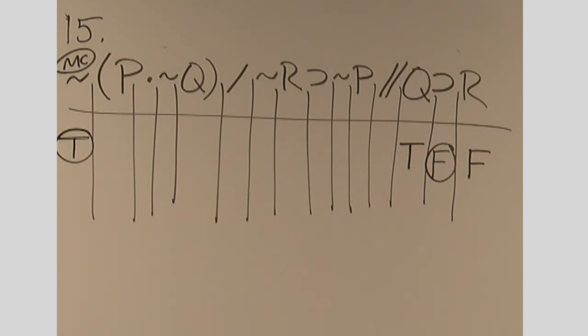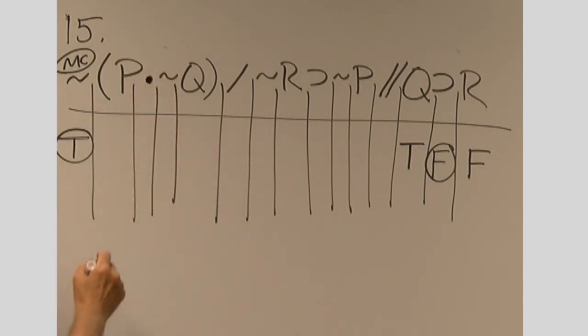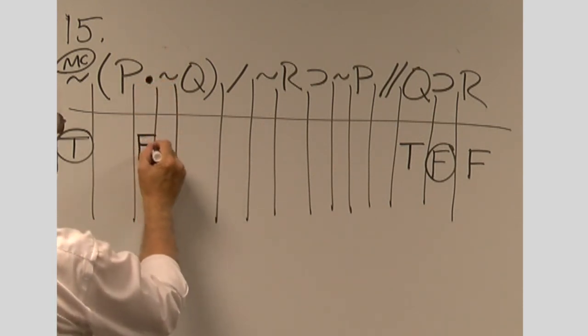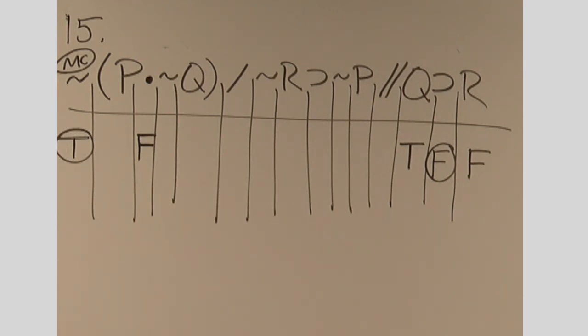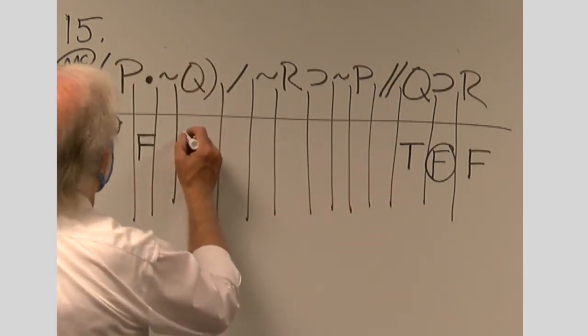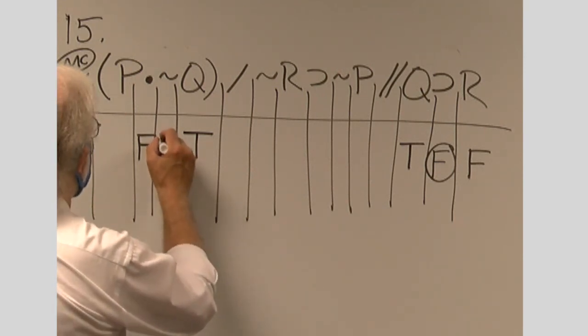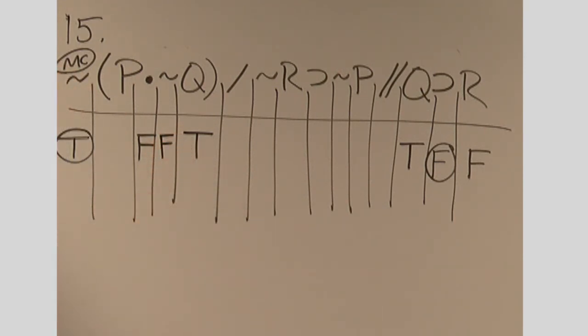Now we can reason backwards. If that tilde is true, the main connective inside of the parens has to be the opposite, or false. Now, we don't know anything about P from the conclusion, but in the conclusion, we learn that Q has to be true. So we'll put true for Q, and if Q is true, that means not Q, surely has to be false.